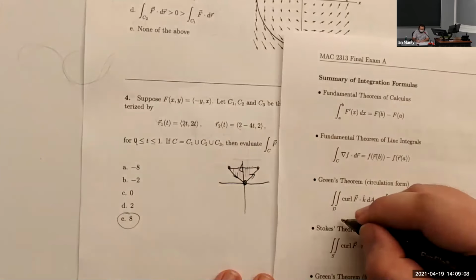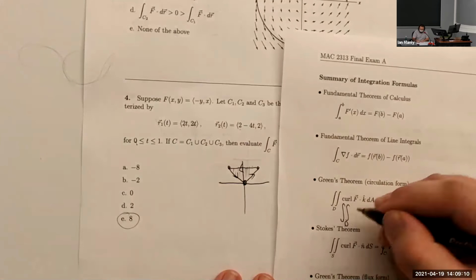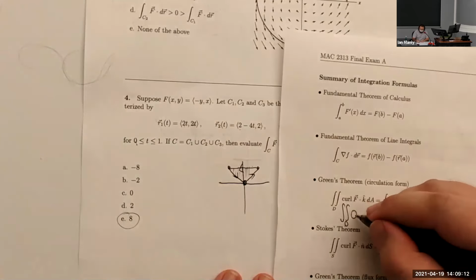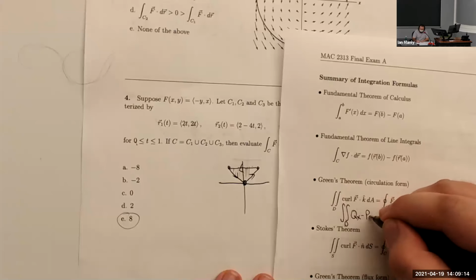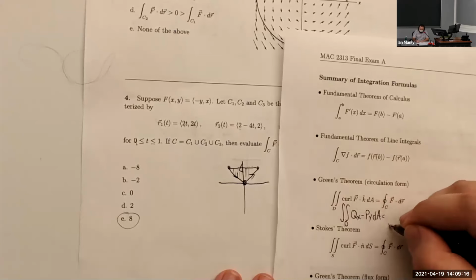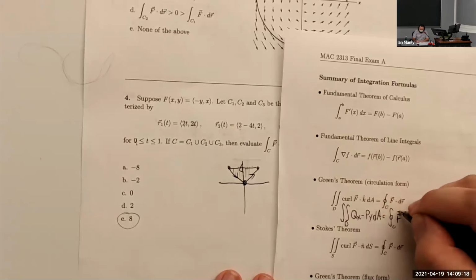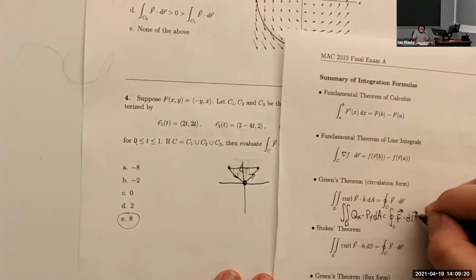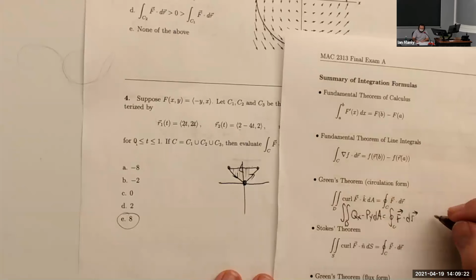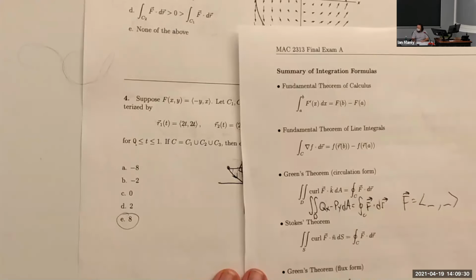So this theorem, another version of Green's theorem, says that the double integral of qx minus py dA is the integral along the closed curve of f dot dr. So remember, this is the one that's specific for f having just 2 components like that.